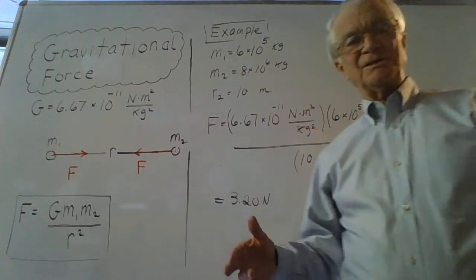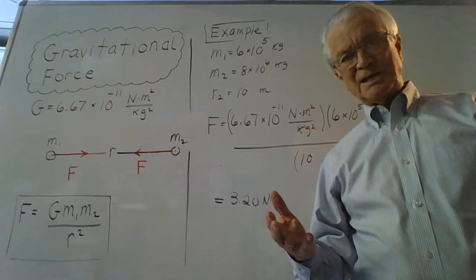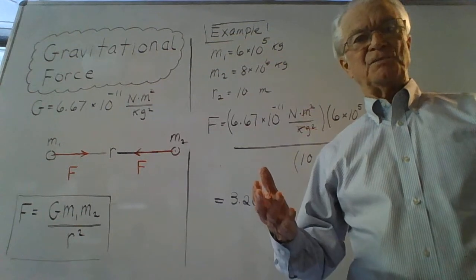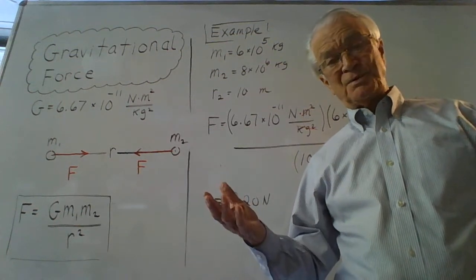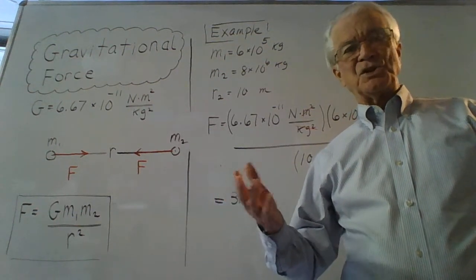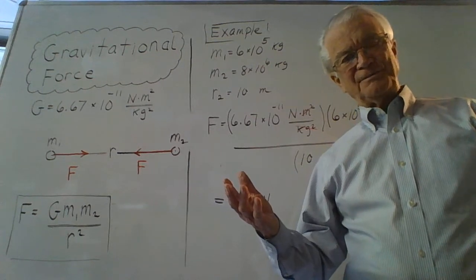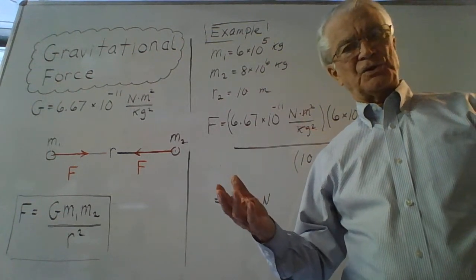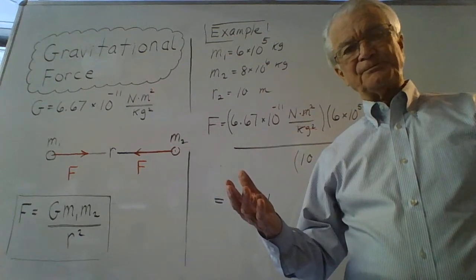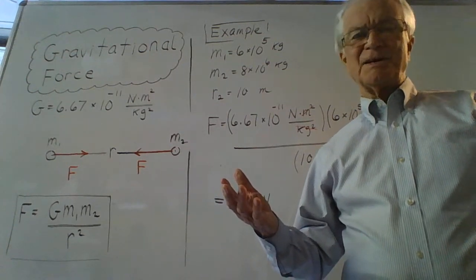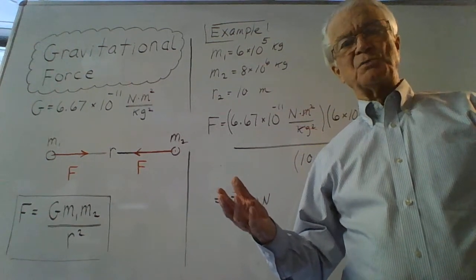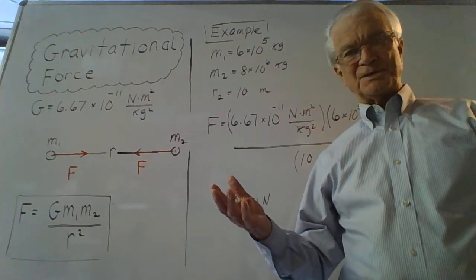It shows that gravitational forces are pretty weak unless you're dealing with objects, well, the size of, or the mass of the sun, for example. That's 10 to the 30th kilograms. And the size of the Earth, which is about 5 or 6 times 10 to the 24th kilograms.